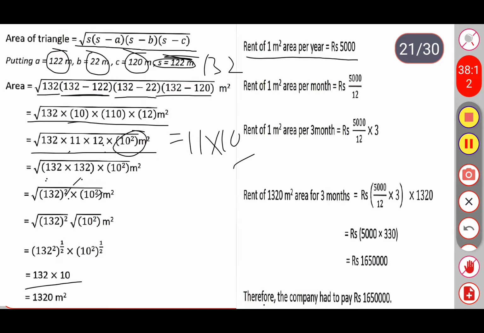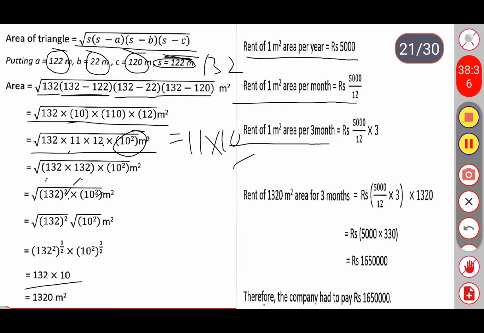A year consists of 12 months. Out of that 12 months, the company needs only 3 months. Therefore multiply the amount for 1 meter square by 3 by 12.